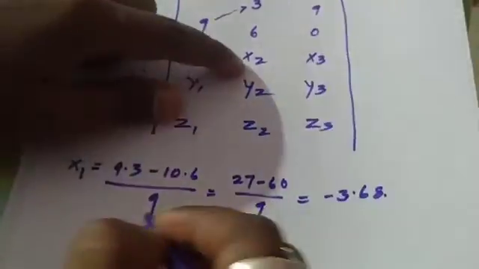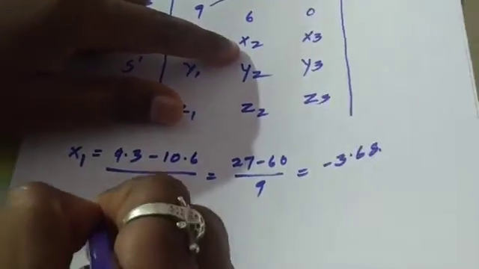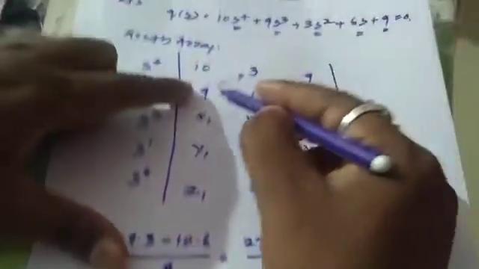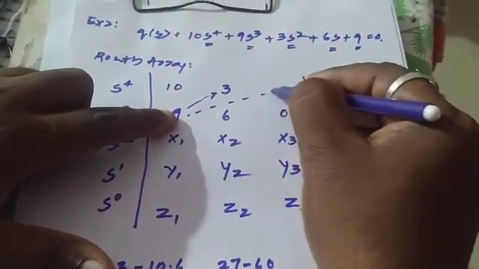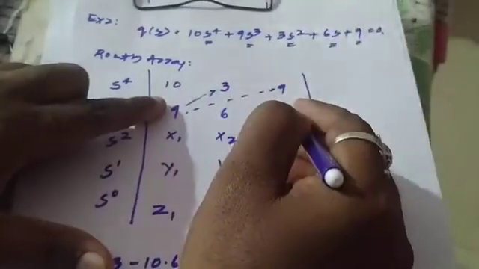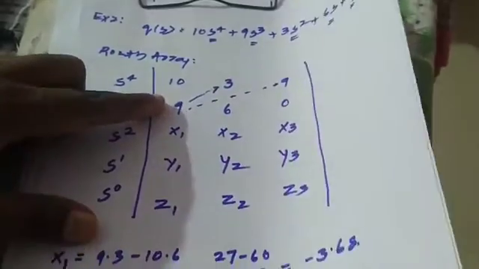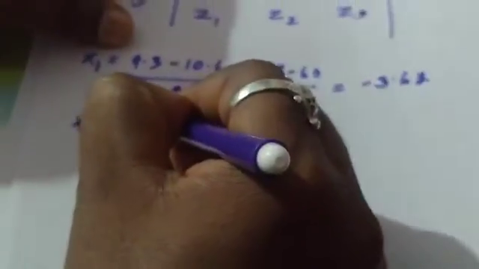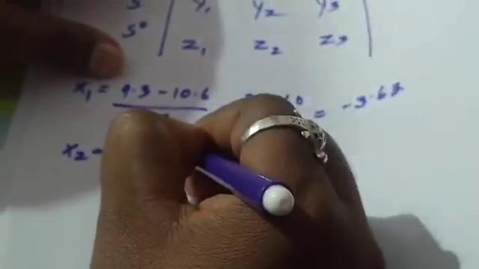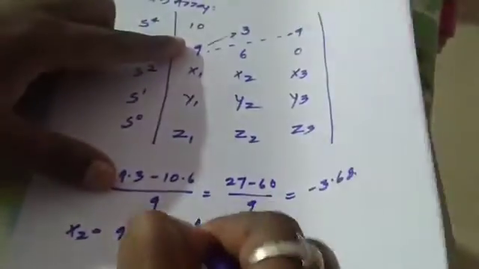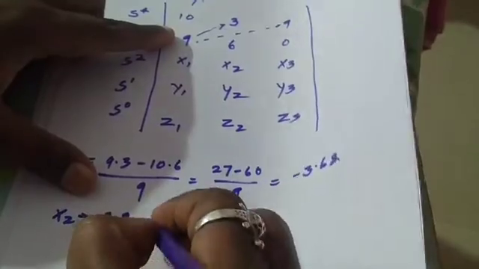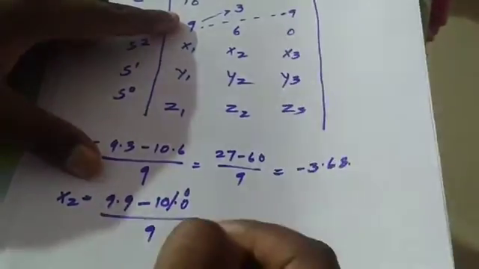So X2 is equal to (9 into 9 minus 10 into 0) divided by 9.